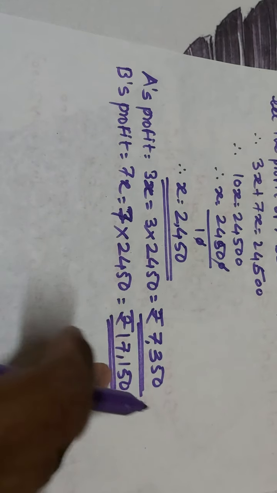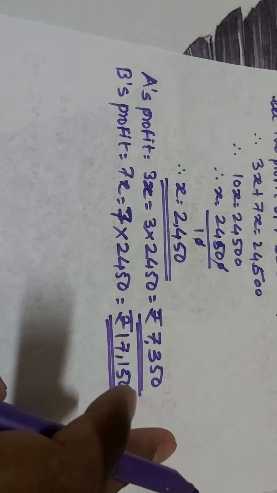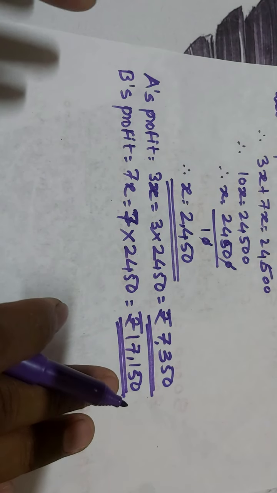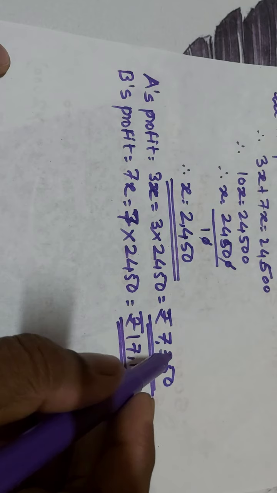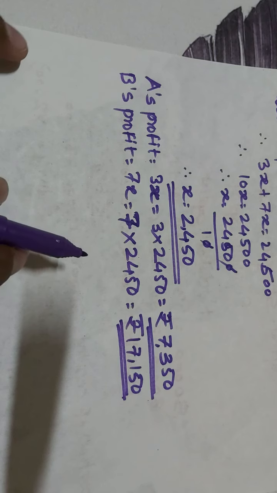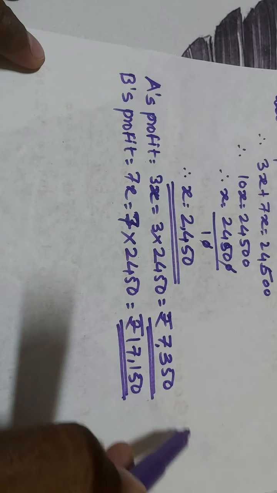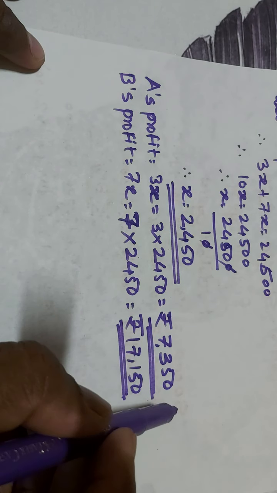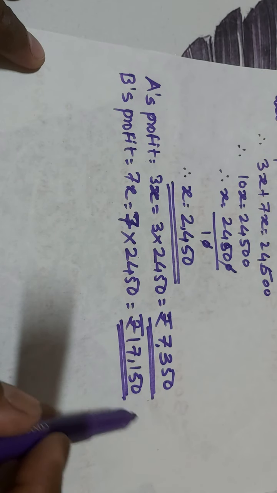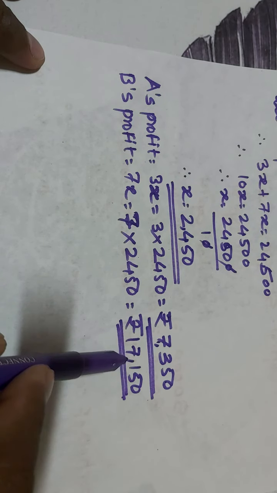Now from this profit they gave 2% to the soldiers welfare fund. So now here we have to find the amount. This is the individual profit we got, A's profit and B's profit. From this amount they gave 2%, means A gave 2% of 7,350 to the soldiers welfare fund, and B 2% of 17,150. Now we need to find this 2% of A's profit and B's profit.